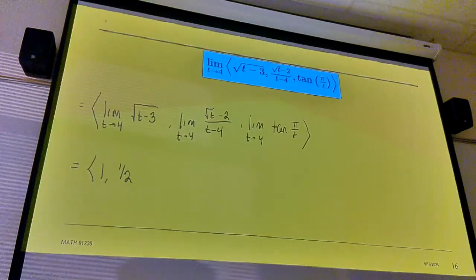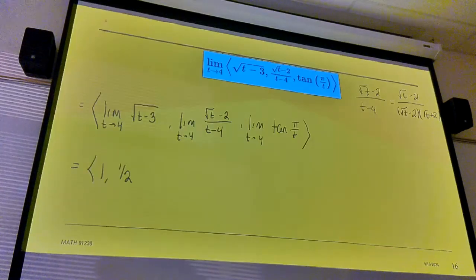Plug in 4, what do you get? Isn't t minus 4 a difference of squares? Which would give you 1 over root t plus 2, everywhere except at t equals 4, which means those two limits are the same.